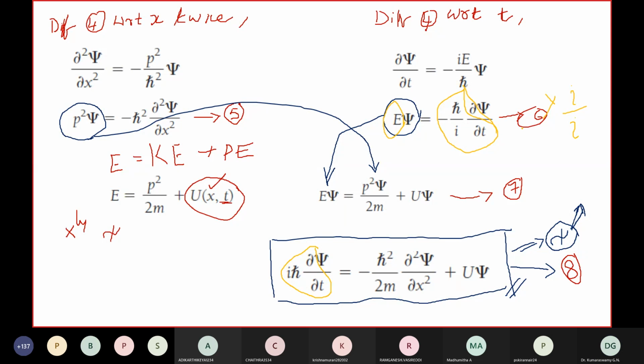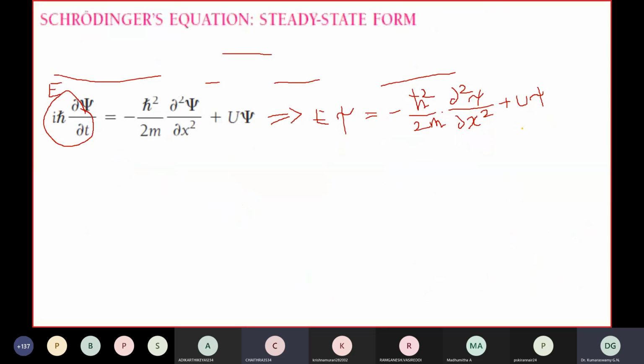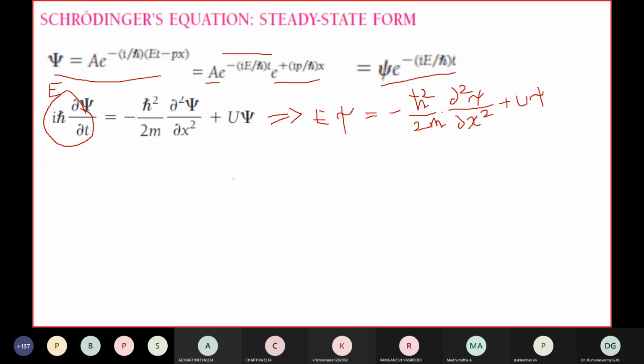Now what you have to do? Wherever psi is there, you have to replace it with this term. Full term you have to replace. Right? Write down that quickly.